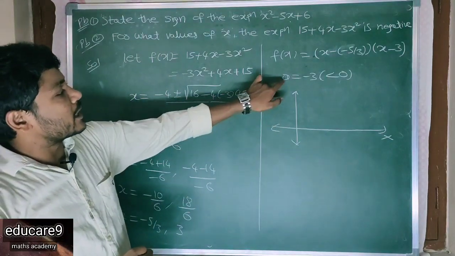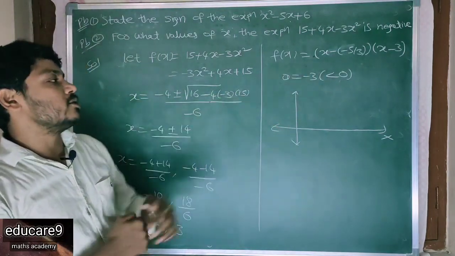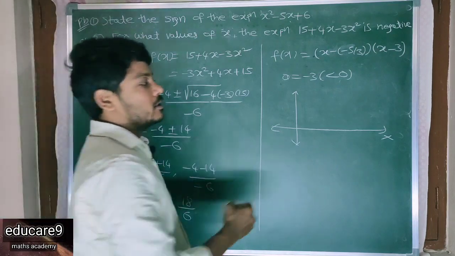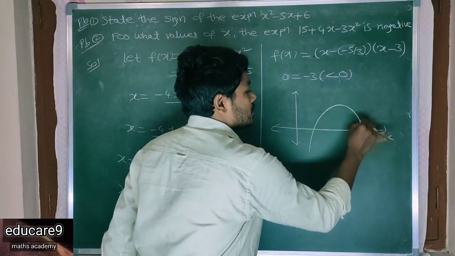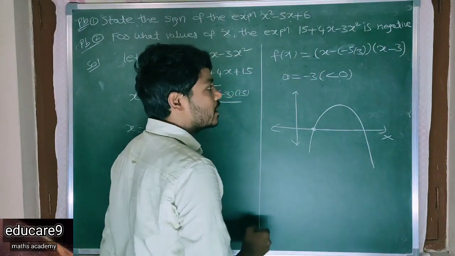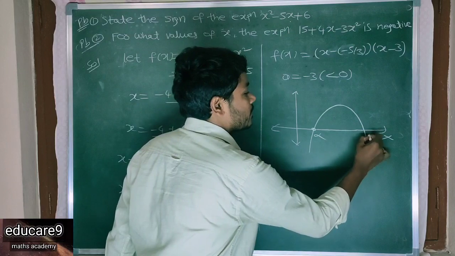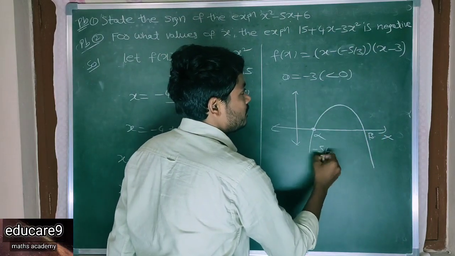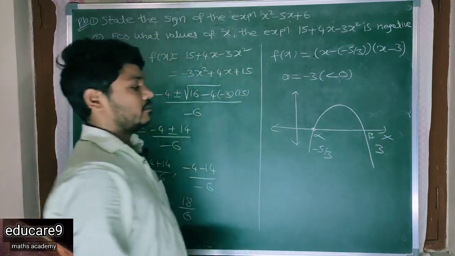And a is less than 0, so clearly the graph represents a downward parabola, like this. So this is alpha, and this is beta. Here alpha is minus 5 by 3 and here 3.